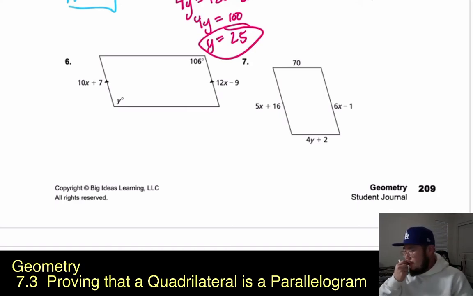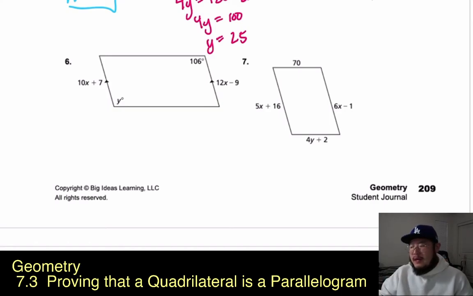Okay, so we got two things going on here. We've got one set of sides that is parallel. And if this is a parallelogram, then that parallel side should also be congruent. So I can go ahead and set this 10x plus 7 equal to 12x minus 9.